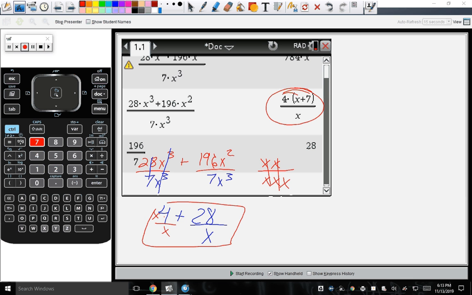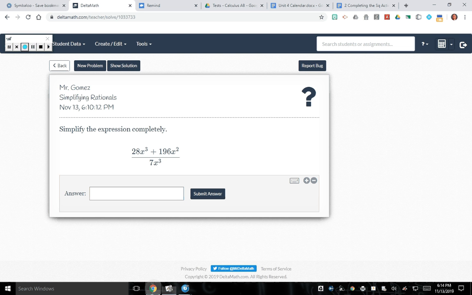So I believe that you can insert this as an answer into Delta Math, and it would accept it. You can enter the 4x plus 28 all over x, and it would accept it. Or you could do something that's a manipulation like that. Okay? Alright, so we can try another one if you'd like.